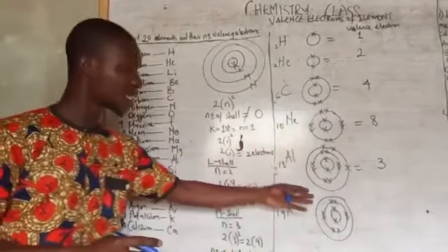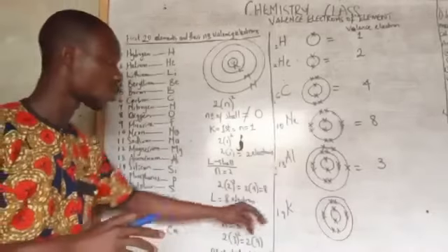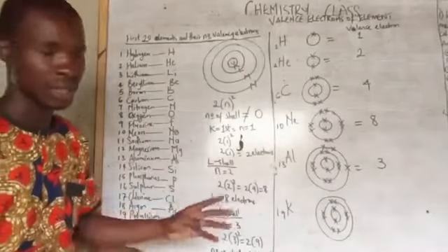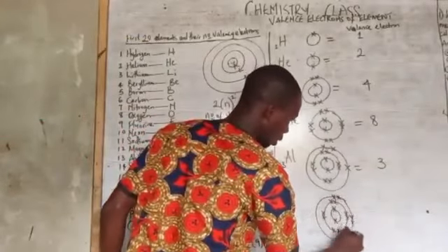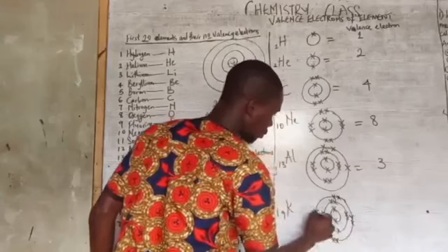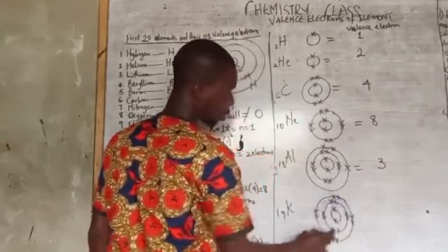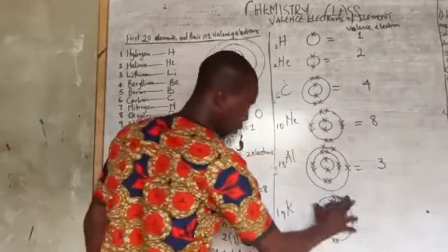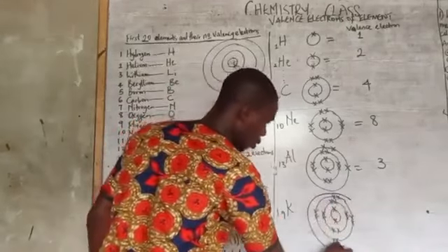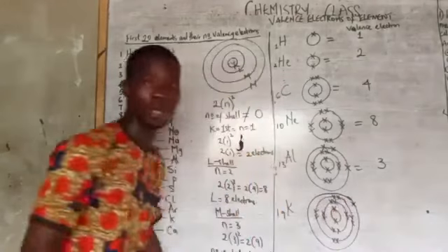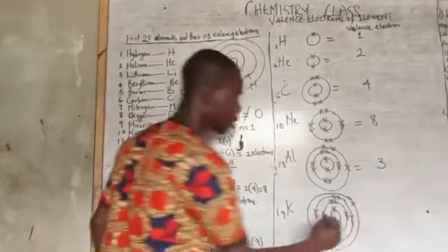However, if I am to put 18 electrons in the third shell, it makes it meaningless, since we know potassium has 19 electrons. So we have 8 electrons on the next shell. So we have 2 followed by 8, that's a total of 10, plus another 8, that's a total of 18. And the next shell, we occupy the last 1 electron, and this indicates that the valence electron of potassium is 1.